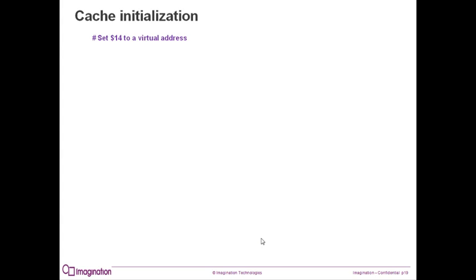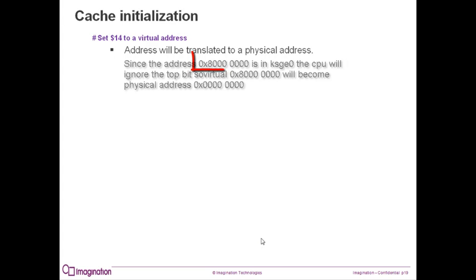The general purpose register 14 will be used to index into the cache. The trick is this needs to be a virtual address. The virtual address that is the index into set 0 of the cache is 80 million hex. This works out because the virtual address is in kseg0.